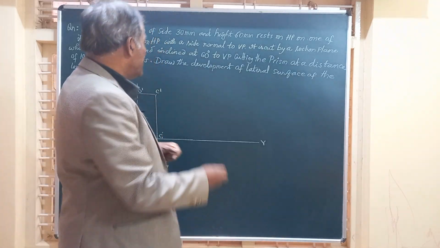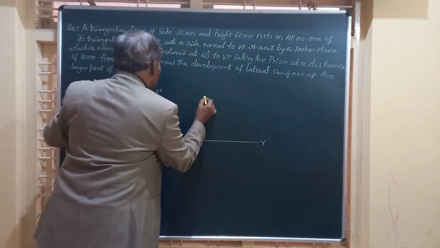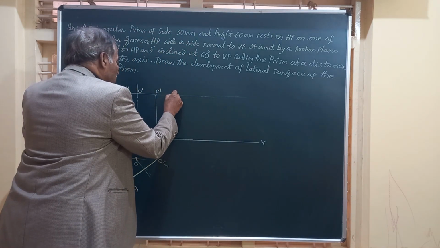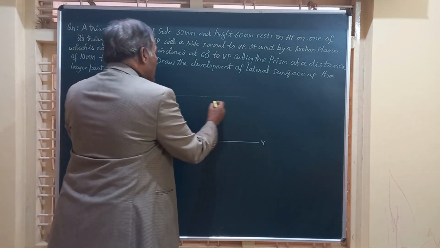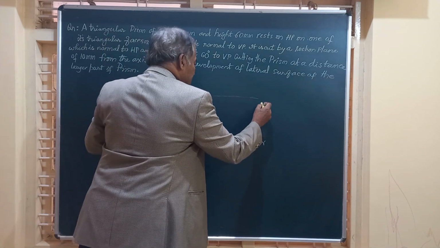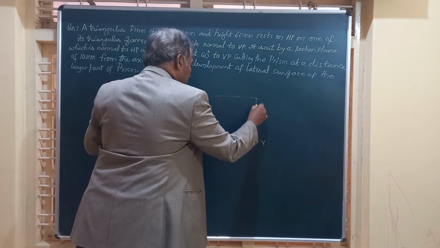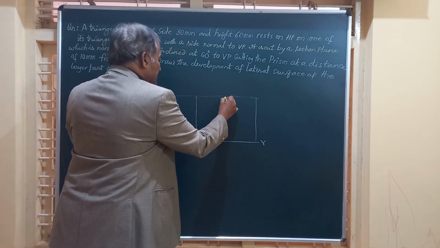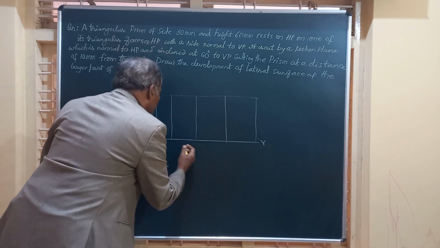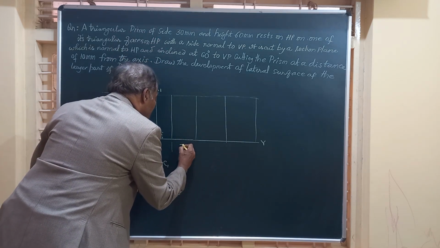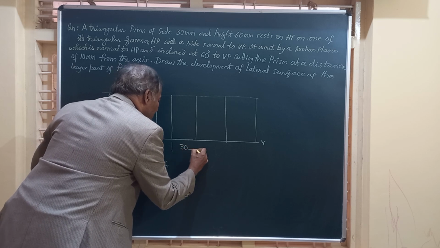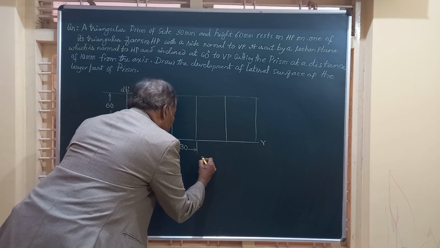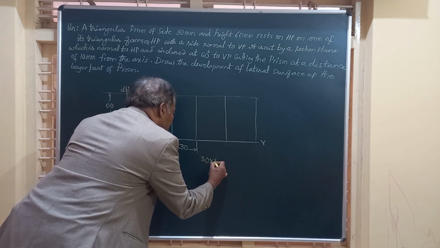So adjacent to this front view, I am going to draw a rectangle having height equal to 60 mm, this is 60, and width equal to 3 times 30, that is 90. So this is 30, this is 30, and this is 30, the measurement of a shorter edge, and the total length is 30 into 3, it is 90.